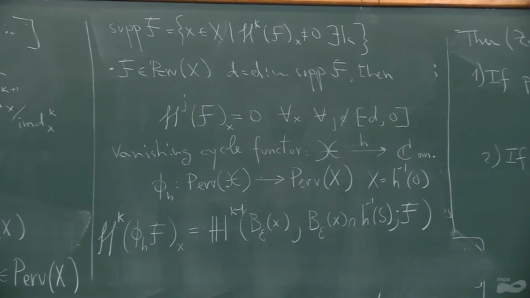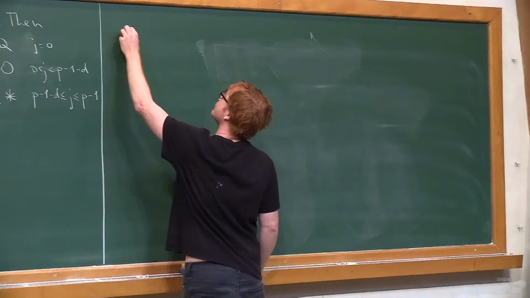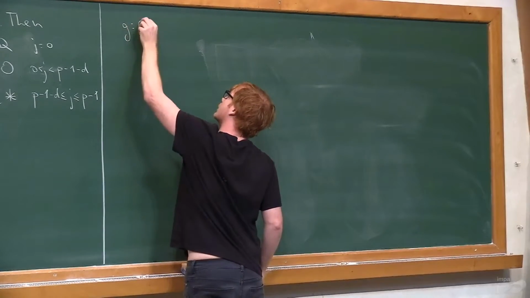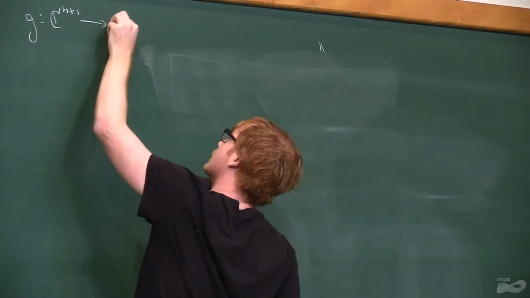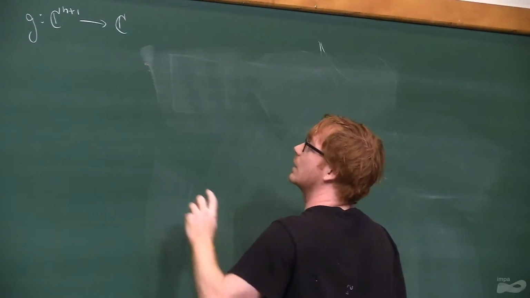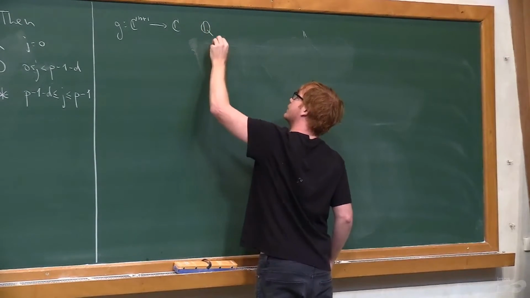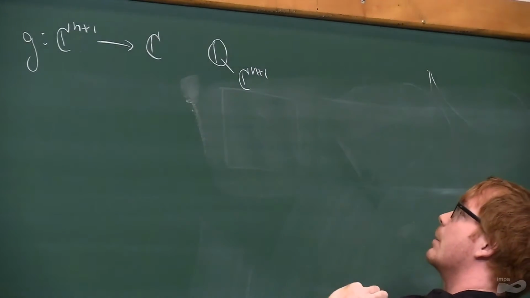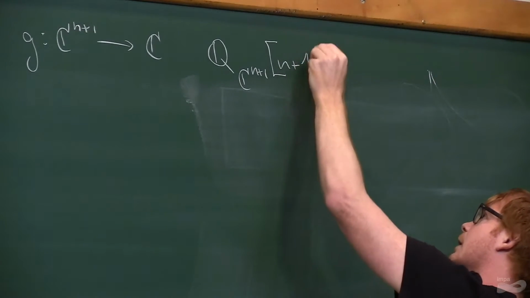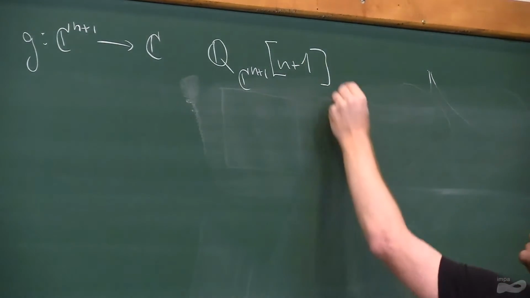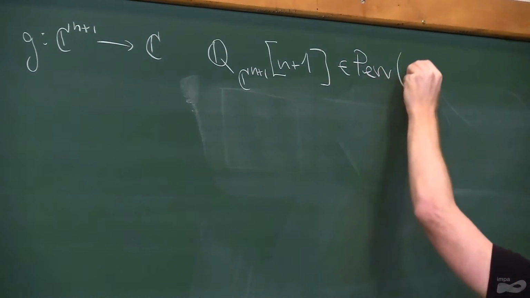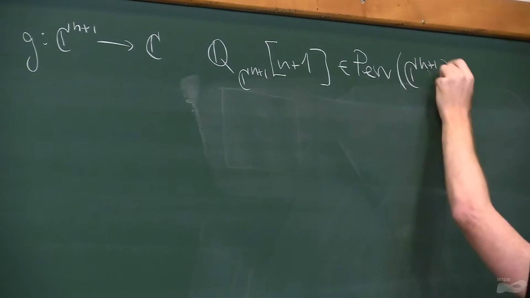So, proof of Kato-Matsumoto. We're given, it is already there? Yeah, it is still there. So let's apply the vanishing cycle functor to this G. Let me see. I have G from C^(n+1) to C, right? Okay. Well, C^(n+1) is a complete intersection, right? So the constant sheaf on C^(n+1), if I shift it n+1 positions, is a perverse sheaf on C^(n+1), right?